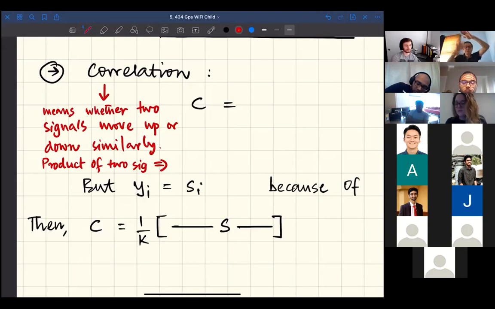But if one moves up, the other moves down, their products are likely to be negative. So correlation is a simple idea. If I want to see similarity, just multiply the two signals. Of course, you multiply the two signals first by making it zero mean. Right? You basically move it down and you make the zero at its mean so that the signal is oscillating around zero.